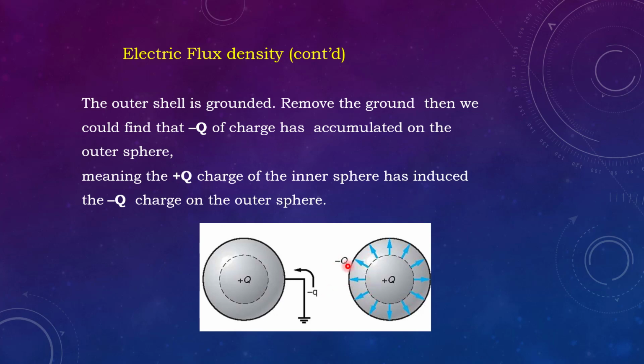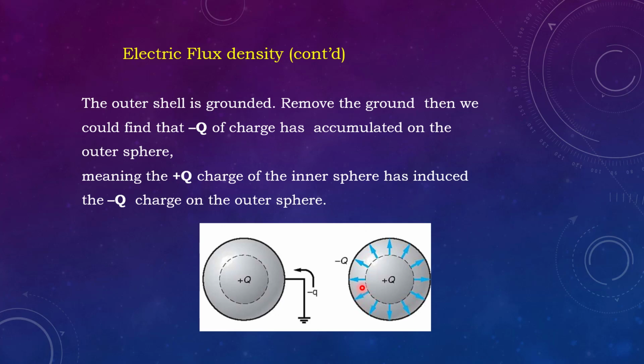So equal and opposite charge is accumulated on the outer sphere, and this displacement of charge is called flux. These lines indicate the flux lines, and there is a charge present on the surface of the outer sphere. The total charge on the surface of the outer sphere divided by the area of the sphere is nothing but density. So it is flux density.